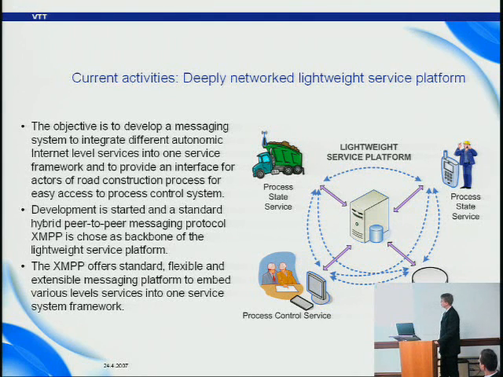This is not only one-way communication. This is not only the state of some truck to the process control servers or process controllers, process management.